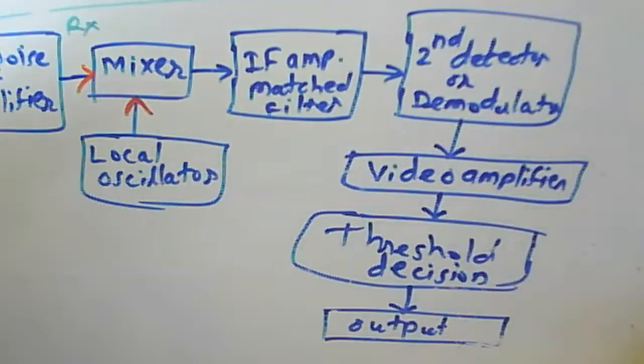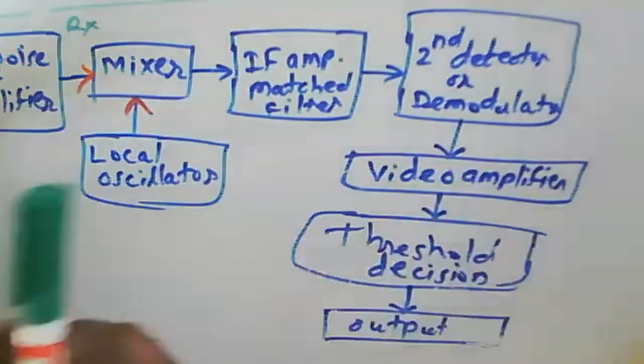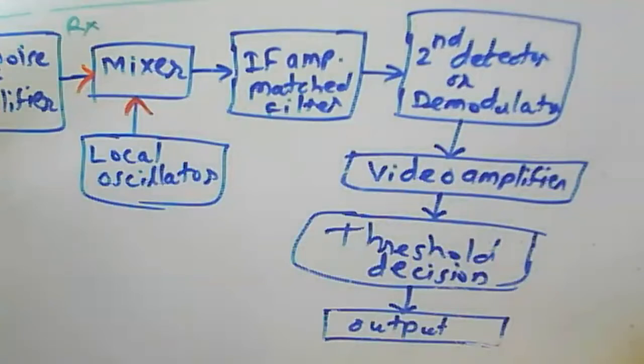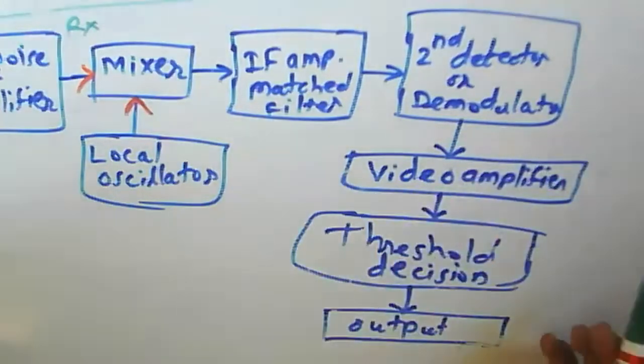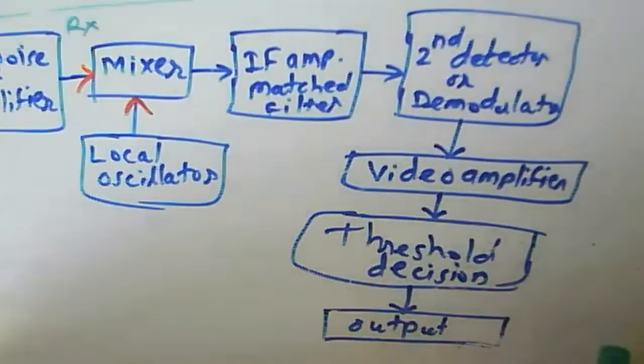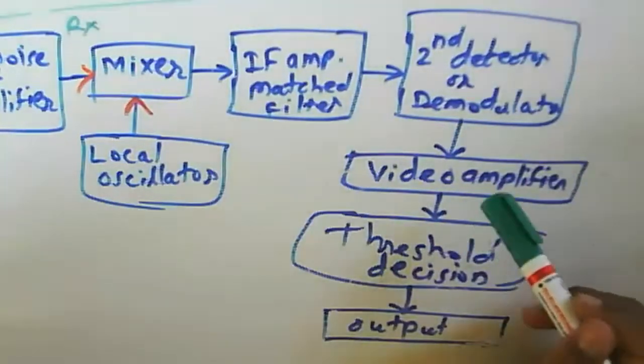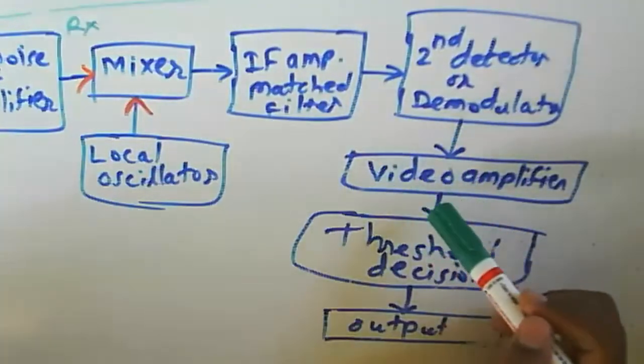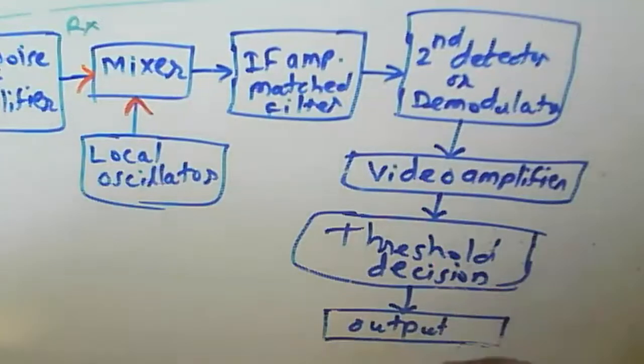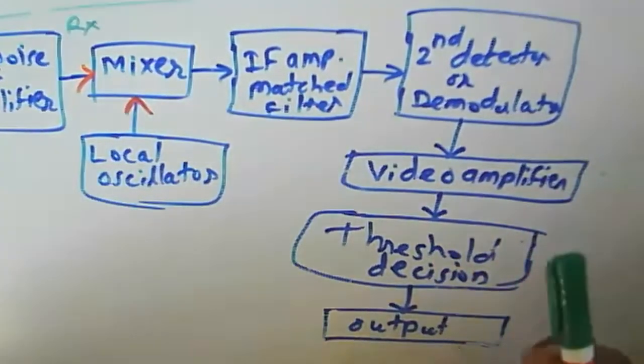The video amplifier is useful to provide amplification for a given signal so that it can be displayed on the display devices. So a sufficient level of the signal must be there so that it can be displayed on the display devices.